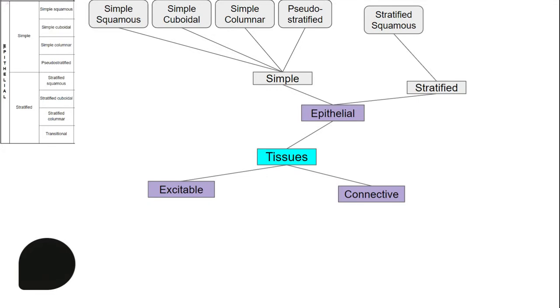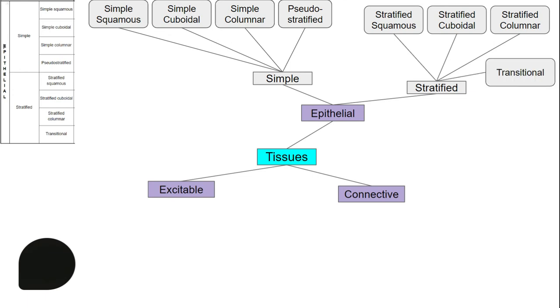So that's why we call it stratified squamous. We have stratified cuboidal. Again, you might have like two cell layers thick. The top layer looks cube-shaped. Stratified columnar. Again, we might have two cell layers thick, but the top one has a columnar shape.